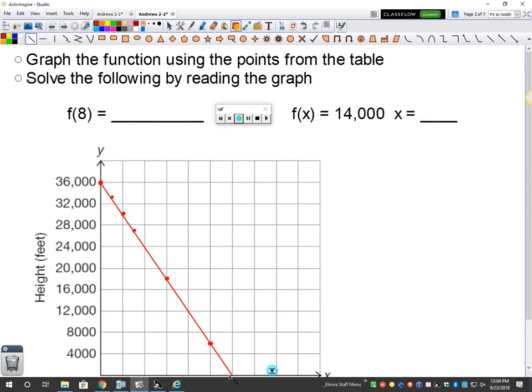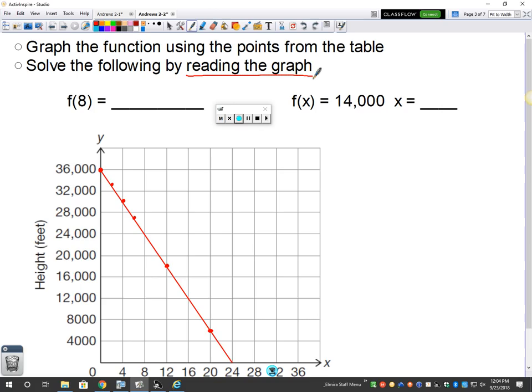Okay, and just as we learned yesterday in lesson 2-1, solve the following by reading the graph. So the directions are specifically saying reading the graph. So f of 8, that whole subbing things in, we're not doing that, okay, because we're reading the graph. Remember that that's the x value for 8. So I'm going to come to the x-axis and find 8.